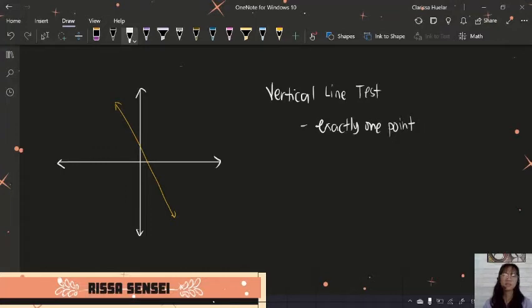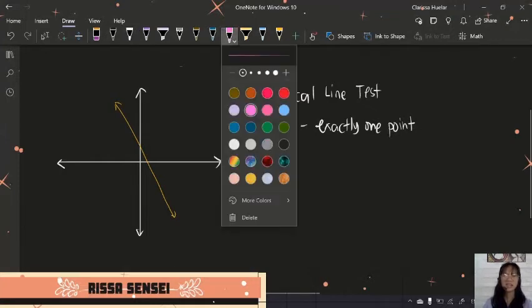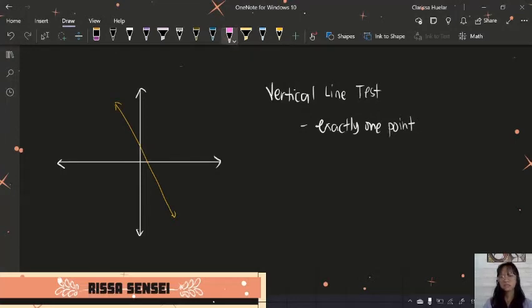Kasi kapag 2 points yung dinaanan niyan, 2 value ng x yung dinaanan. Kung tatlong value ng x, hindi na siya function. So, example, ito pinakamadaling test sa lahat. Drop lang kayo ng vertical line. Kahit saan, basta dadaan sa graph.